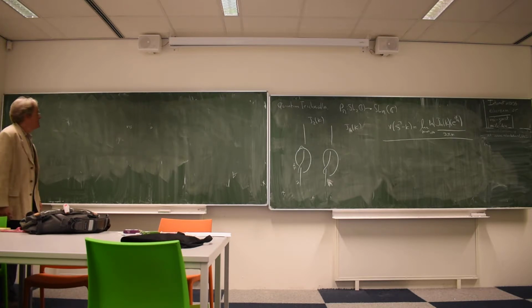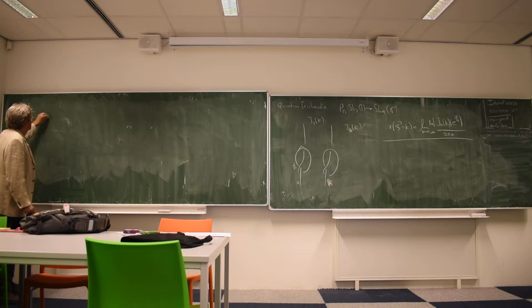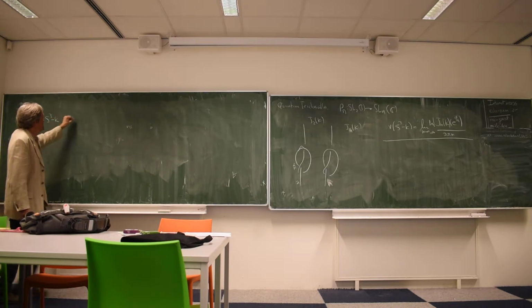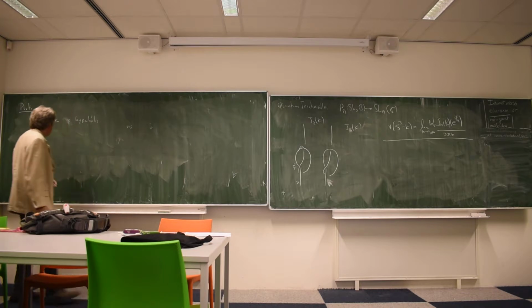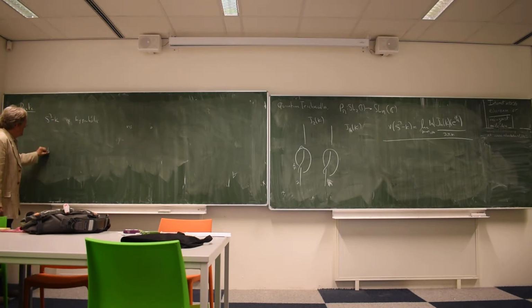Okay, so now suppose S3 minus K is hyperbolic. And that means, in fact, that you can realize the universal cover of S3 minus K as hyperbolic 3 space.